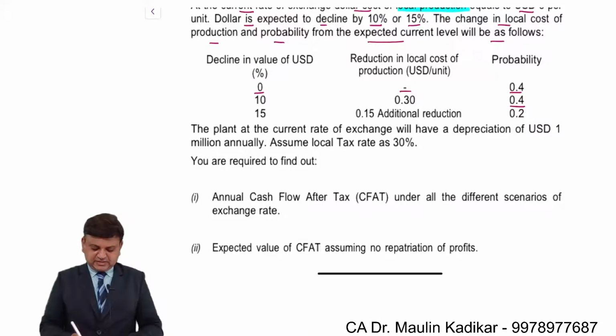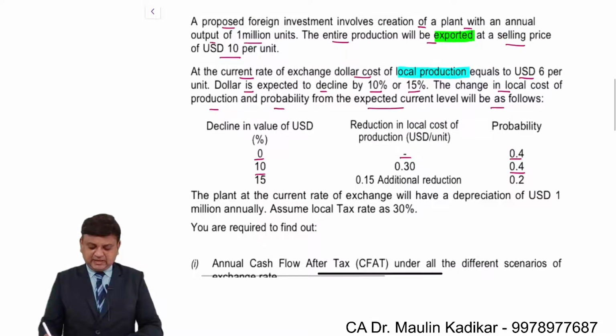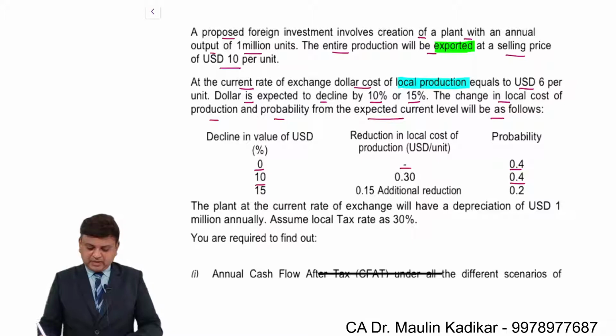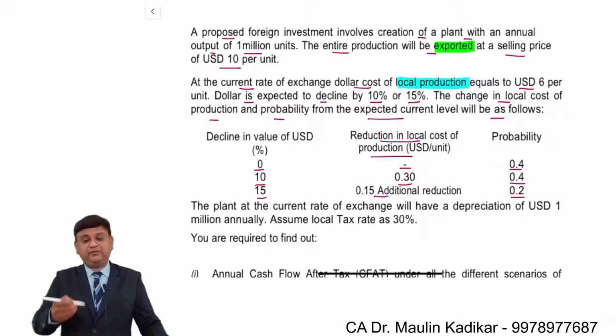Another 40% chances it will decline by 10%, and another 20% chances it will decline by 15%. In that situation the reduction in the local cost of production per unit is $0.30, and over here it is $0.15 additional reduction.